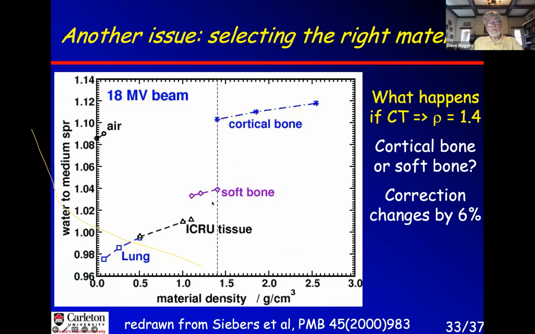Then you see that there's nearly a 6% difference here. Okay, so again, clinically, this is a problem because your CT scan is just going to give you an overall density, and you have to make a selection. And you can see in this, I've picked, of course, a worst case. This was originally pointed out by the Siebers et al. group. So it's a problem.